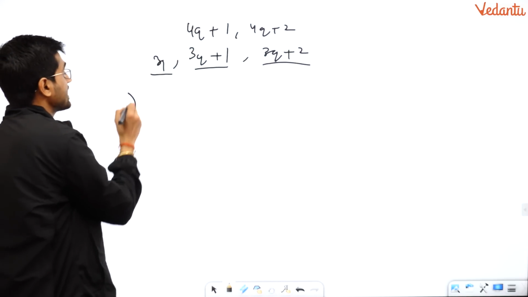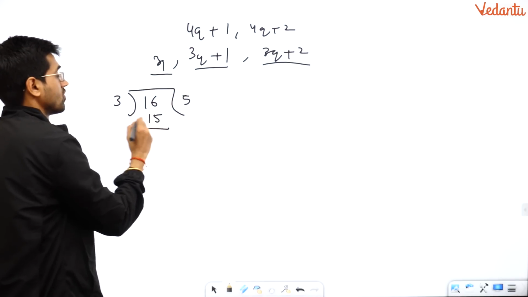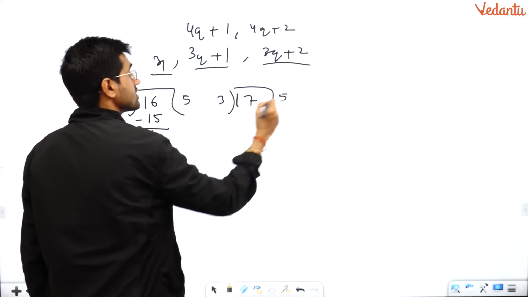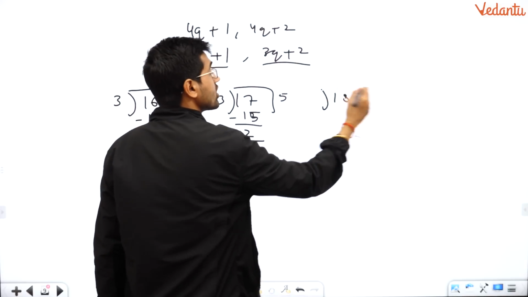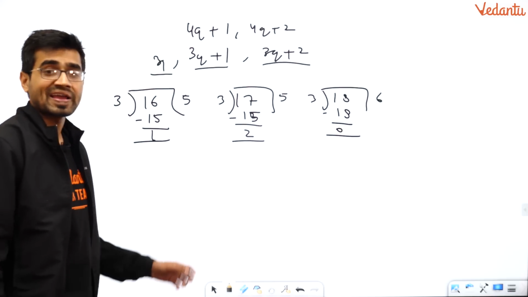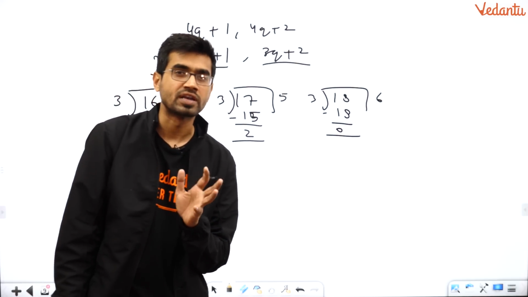Try to understand, if I divide a number, say 16 by 3, what will I get? 1. If I divide 17 by 3, what will I get? 2. If I divide 18 by 3, what will I get? 0. Is it possible that I can get a remainder more than 2? No. This is Euclid's division lemma.